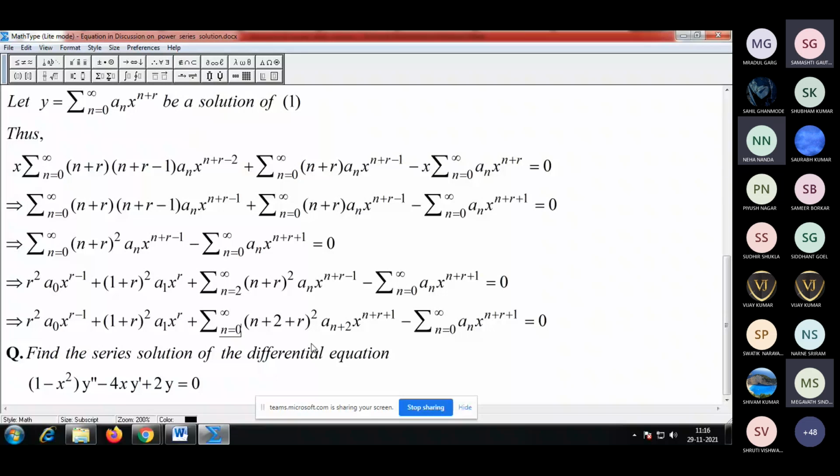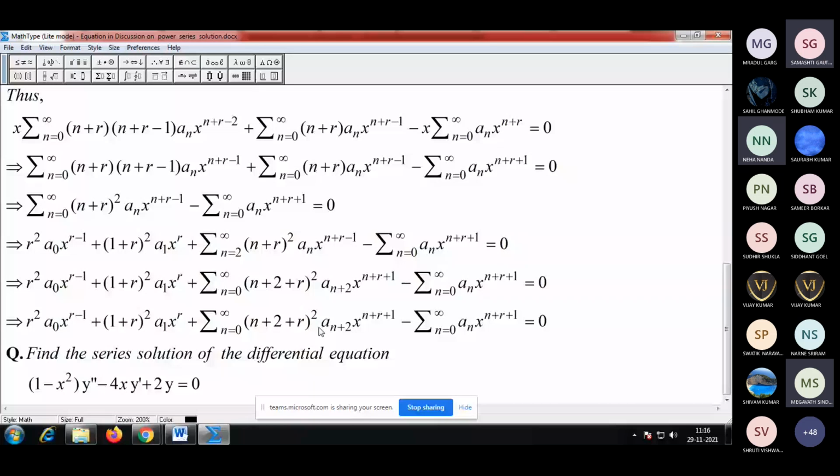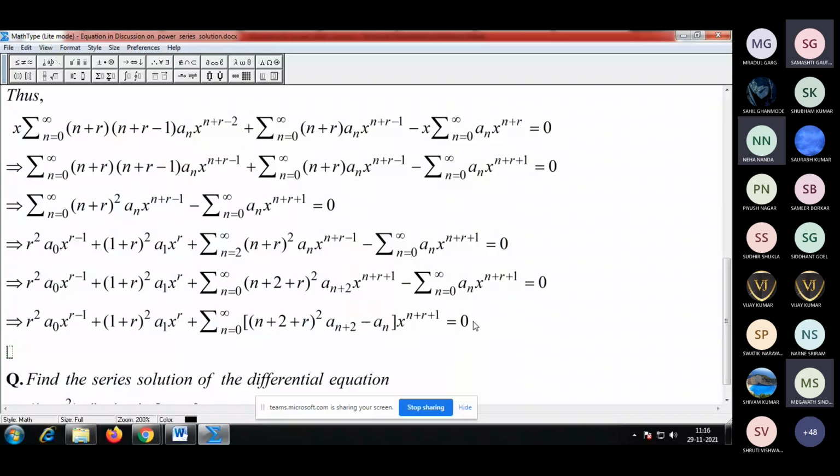Now we can combine these two summations: minus a n, with x to the power n plus r plus 1 outside. In this way we have combined all the summations into a single summation.